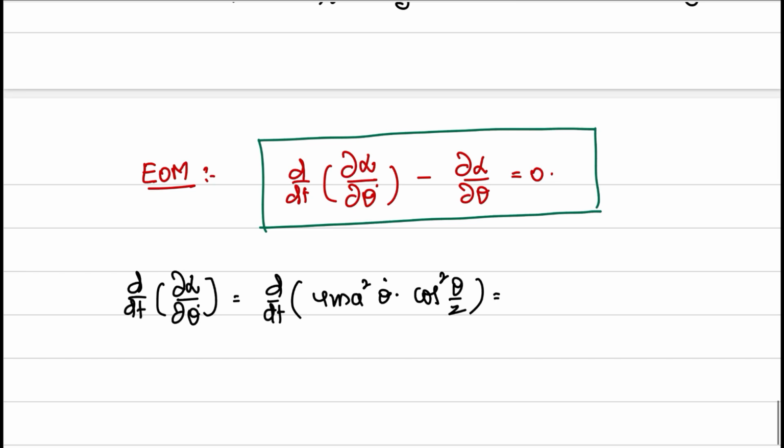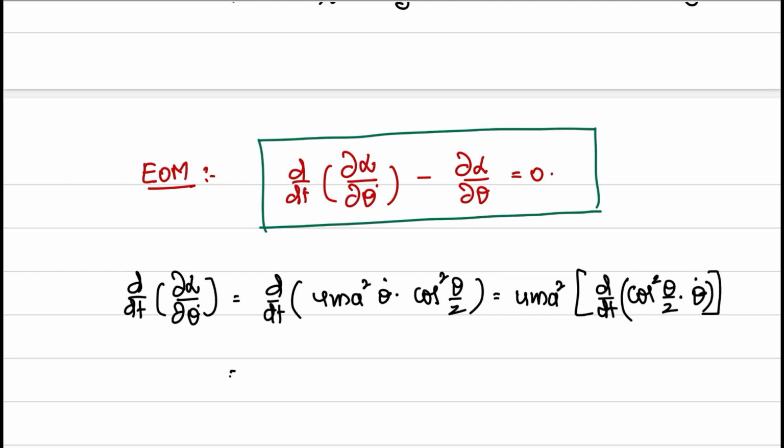That will be equal to, we can take 4 ma square as common, into d by dt of cos square theta by 2 into theta dot. I told you theta varies with respect to time. Hence, when you take d by dt of this, it will be in the compound formula: d by dt of the first value and d by dt of the second value, everything we have to do separately.